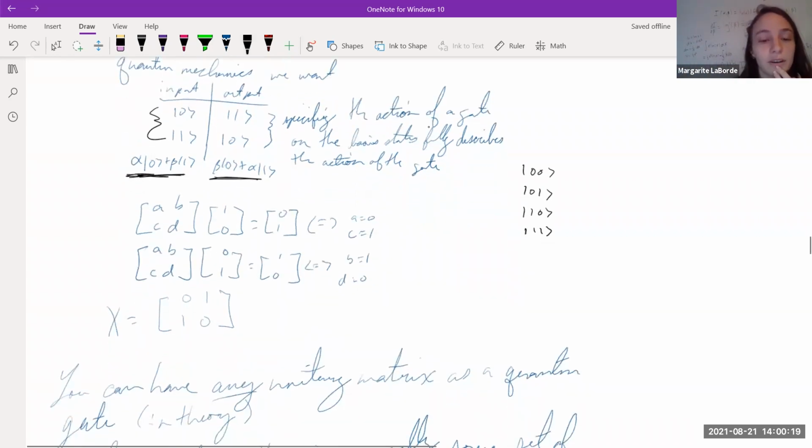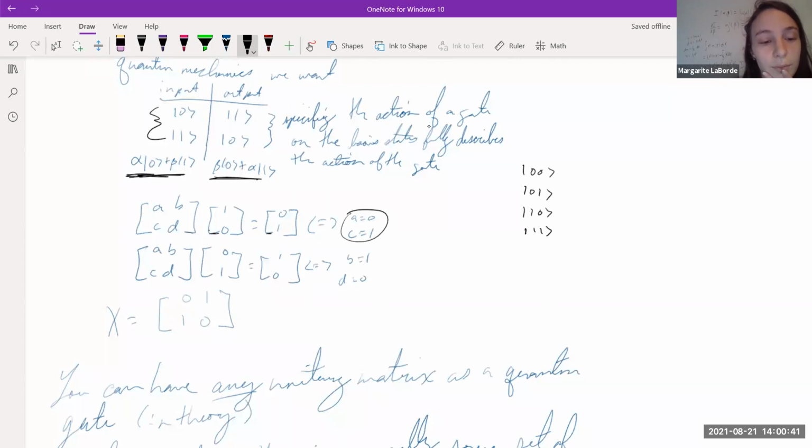All right, when you're using linear algebra, you can use this to determine what your gate should look like. So here's my little placeholder matrix, and I know if I use it to act on my 0 state, I should get out my 1 state, and I know how to write those. That tells me 2 of my elements here.